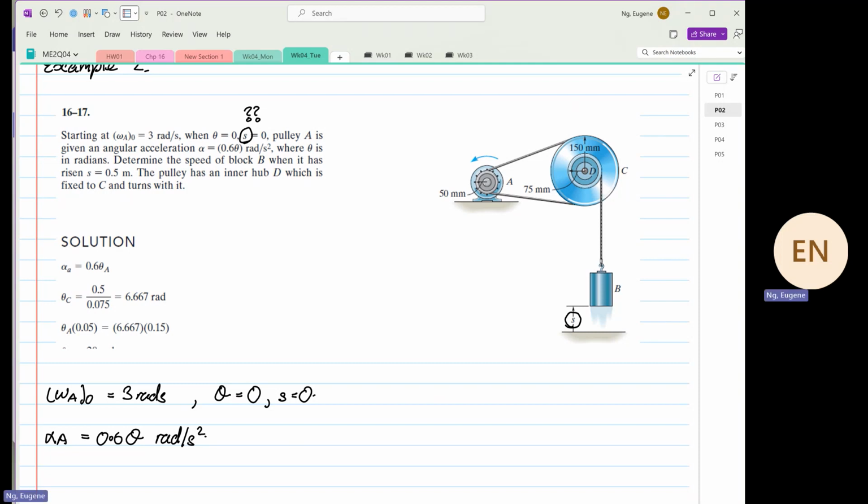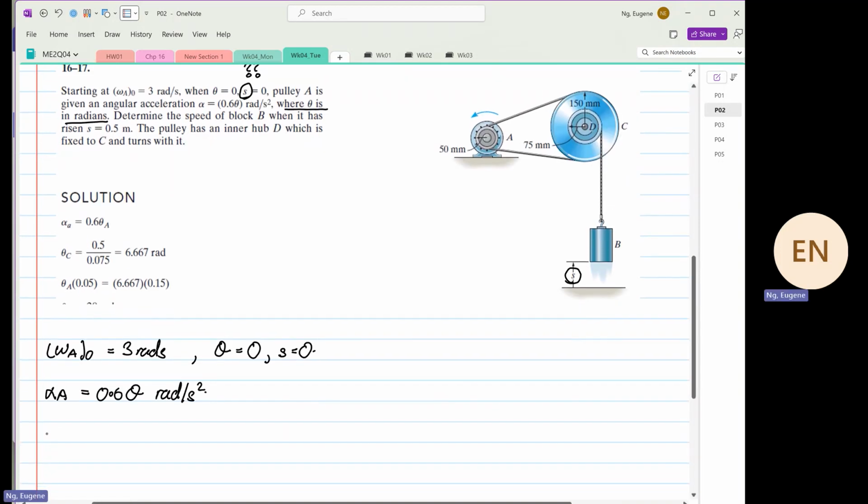Okay, where theta given to us, theta is in what? Is in radians. Okay, determine the speed of the block when it has risen S is equal to 0.5. So we have to find when S is equal to 0.5 meter.